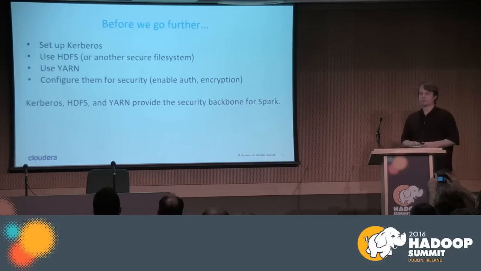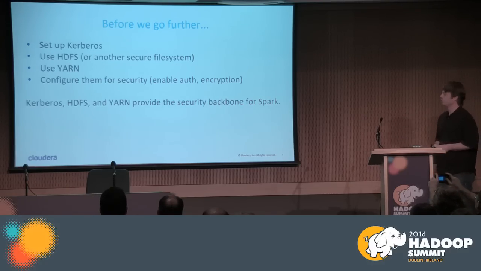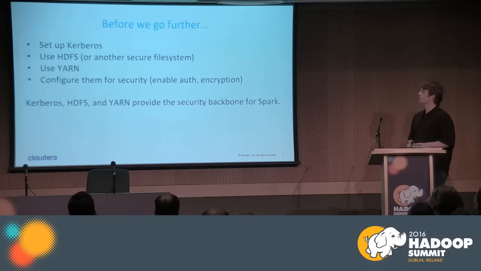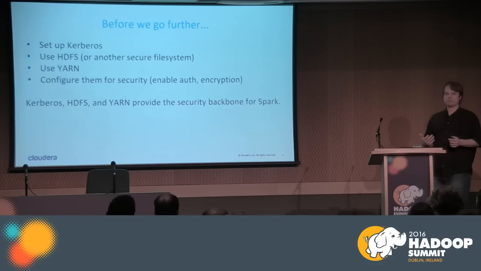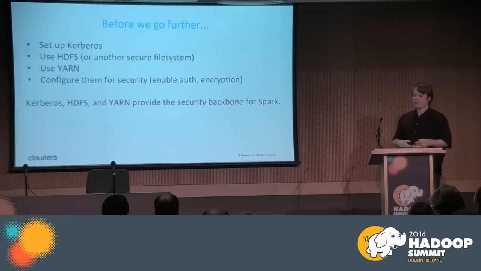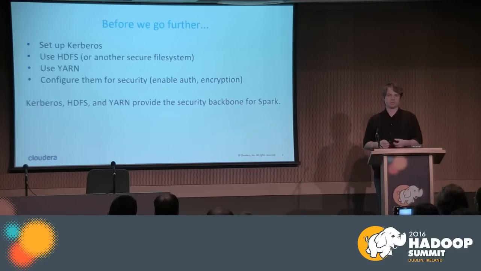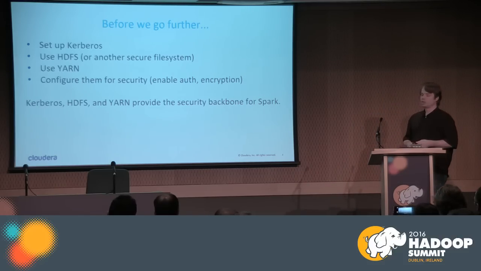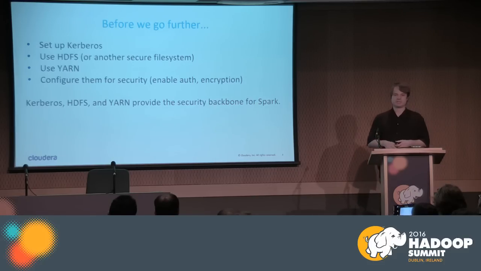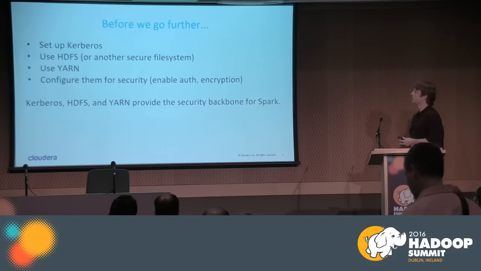And before we go further, before you even start talking about securing Spark itself, you need a security environment where Spark will be able to inherit some of the security features. So first of all, as with all of the rest of Hadoop, you need to set up Kerberos. At Cloudera, we use HDFS, but any secure file system that integrates with the rest of the Hadoop stack will also work. You need to use Yarn for Spark in particular because that's the only backend in Spark that currently supports security.